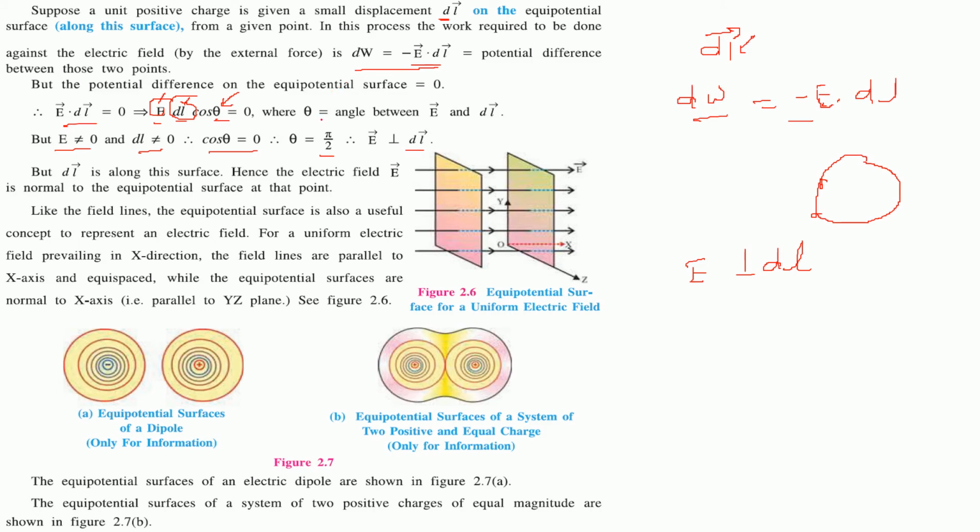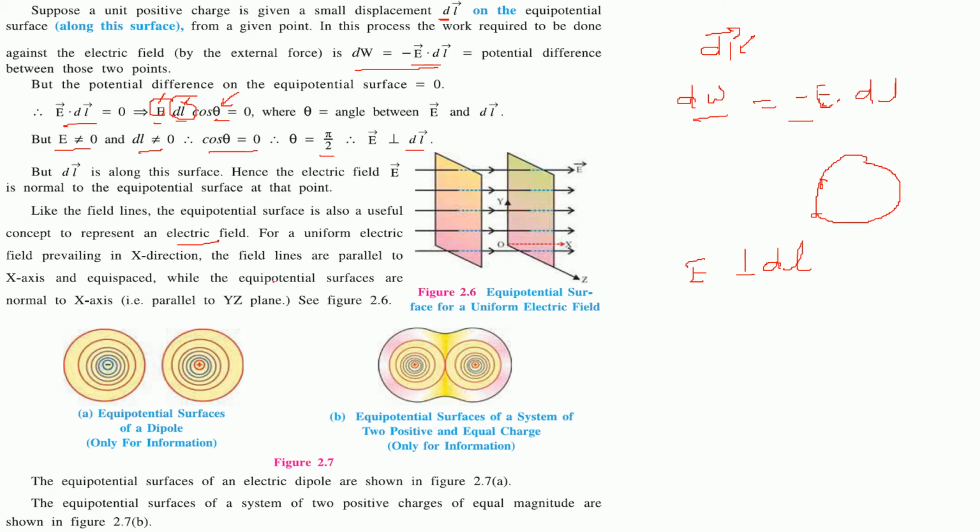Like the electric field lines, the equipotential surface is also a very useful concept to represent the electric field. For a uniform electric field prevailing in the x direction, the field lines are parallel to the x-axis and equally spaced, while the equipotential surfaces are normal to the x-axis.